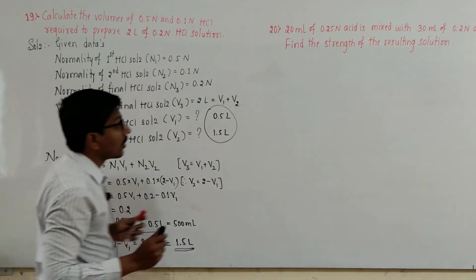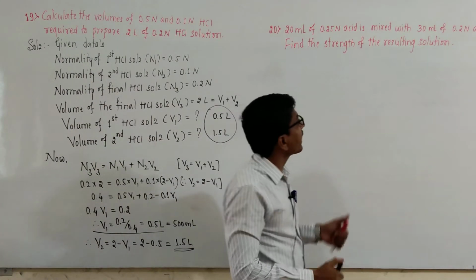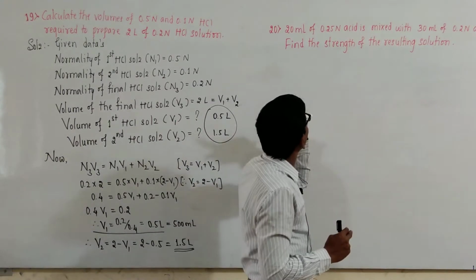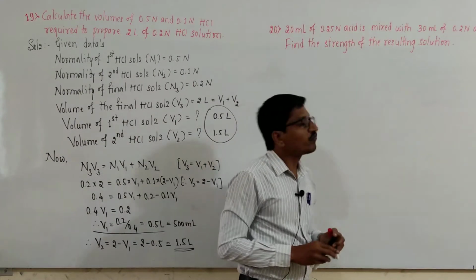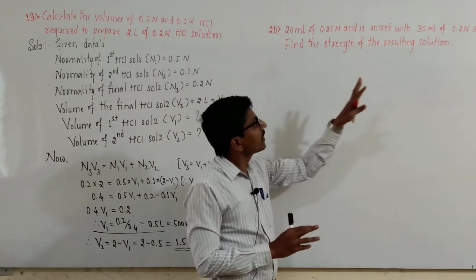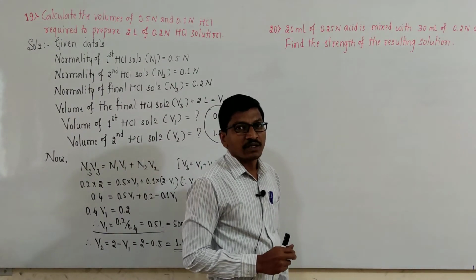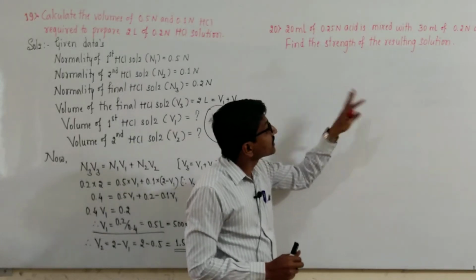Here one is an acid and another one is alkali, which means base. 20 ml of 0.25 normal acid is mixed with 30 ml of 0.2 normal alkali. Find the strength of the resulting solution.